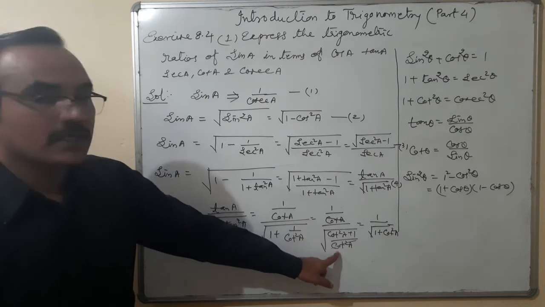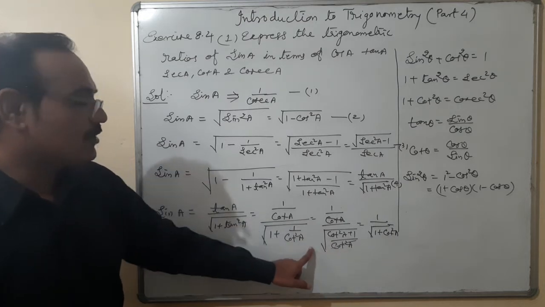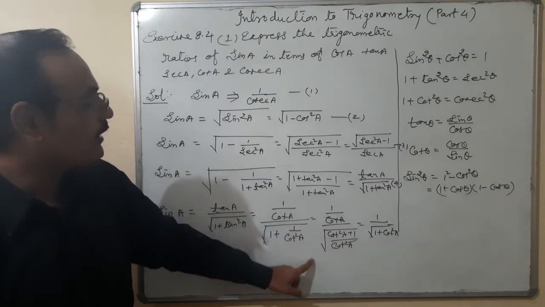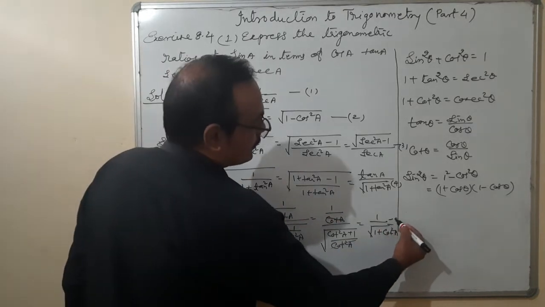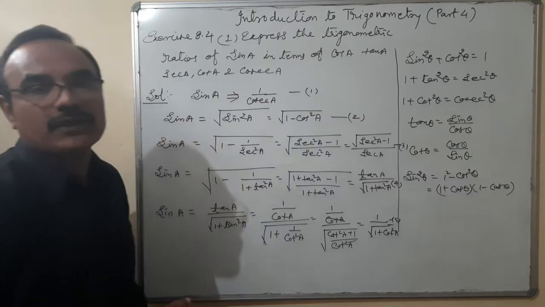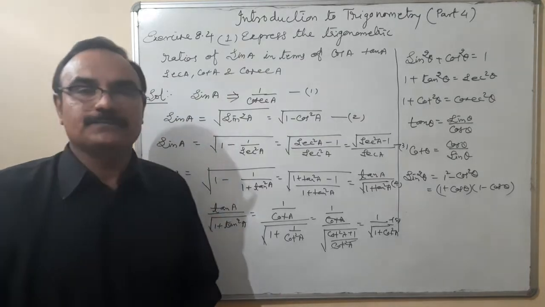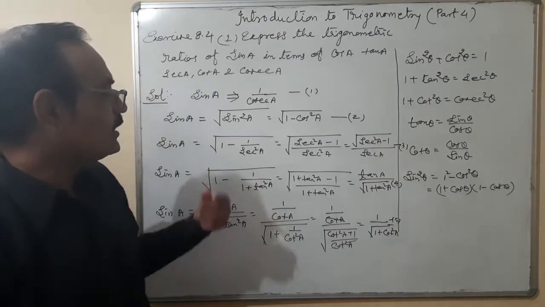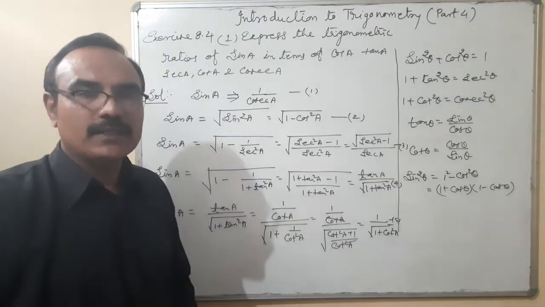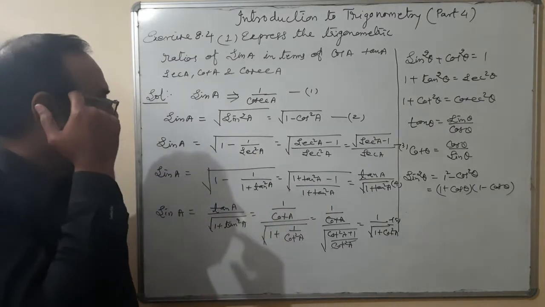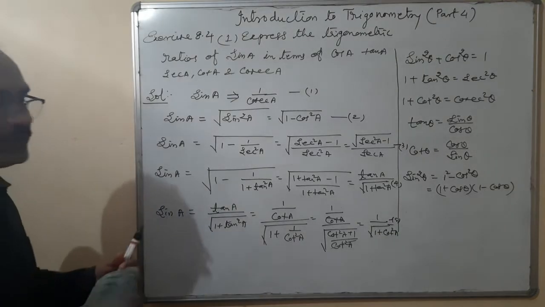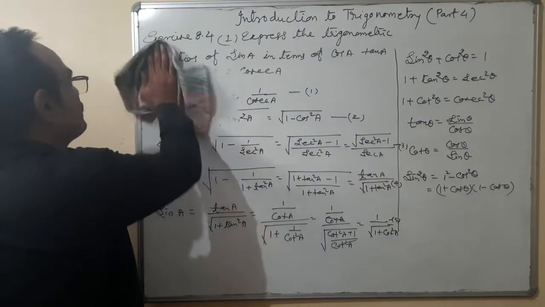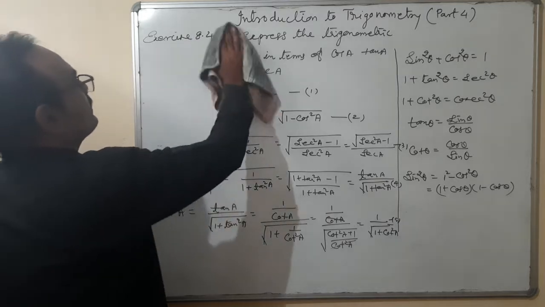Cot A and this is cot square A. When I'll take this term outside of the root, it becomes cot A cancel, 1 upon 1 plus cot square A. So now you can see that every trigonometric ratio can be expressed in the form of other terms. Okay. So any term can be expressed. That is the way by which you can express sec A into the form of cosec A, into the form of cot A, and others.